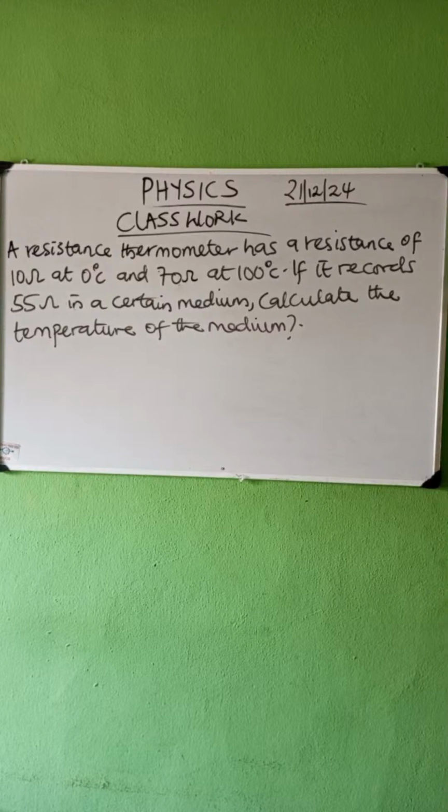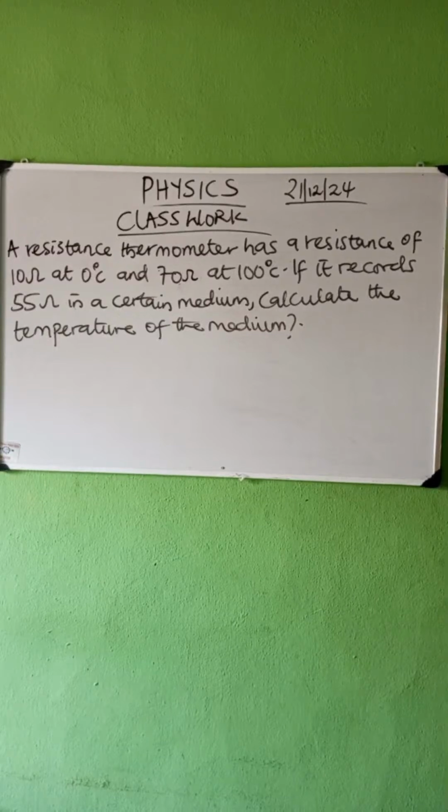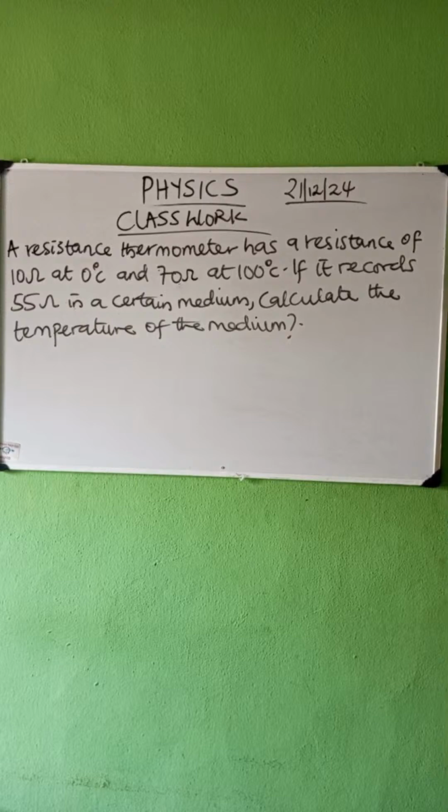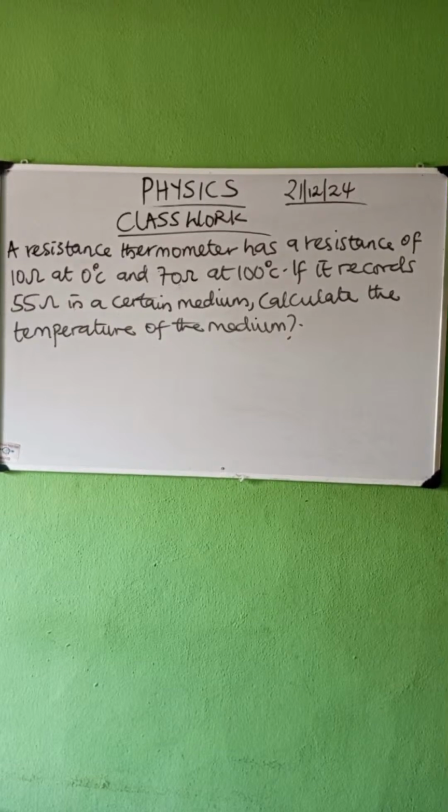A resistance thermometer has a resistance of 10 ohms at 0 degrees Celsius. All right, so who is done? Send in your answers.